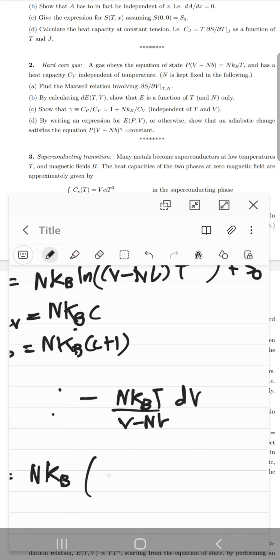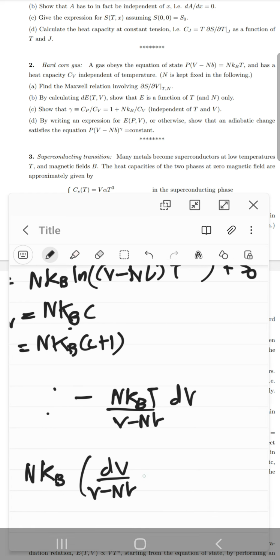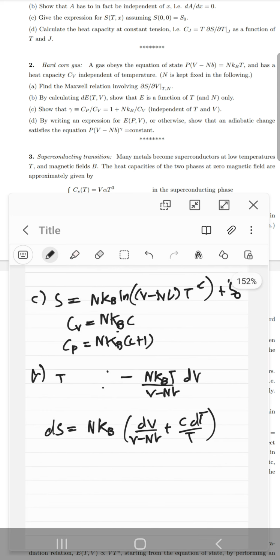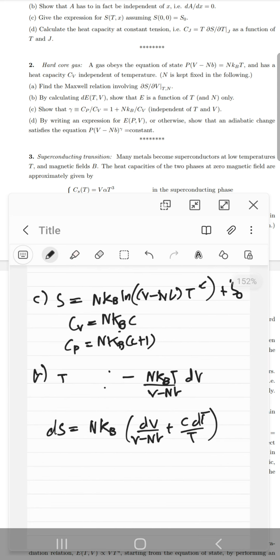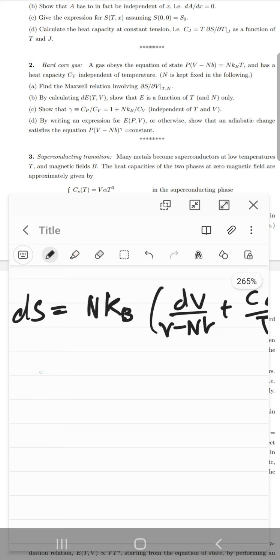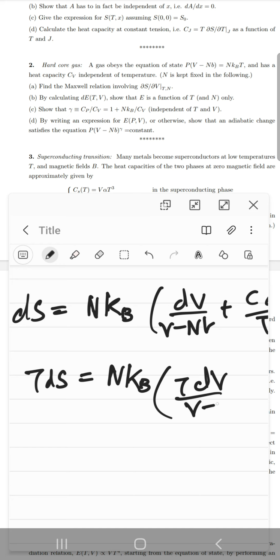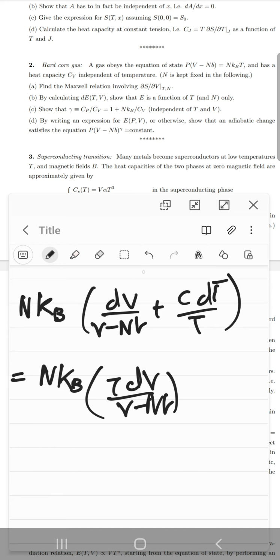So it's just dV upon V minus nB, and plus some constant C times dT upon T. That's pretty much the thing. That's what dS is. So this times the temperature, right? So you'll just have TdS is just equal to nkB TdV upon V minus nB, plus CdT.